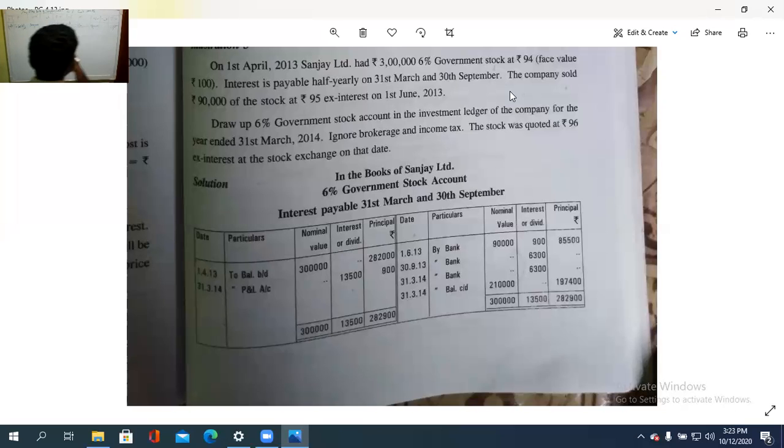Then how much is the interest for this? This is on 1/4 and this is on 1/6.